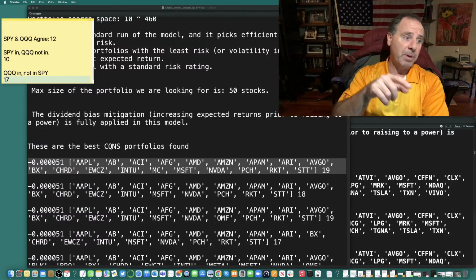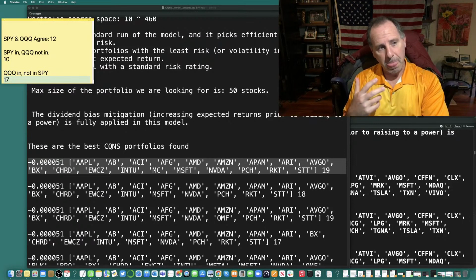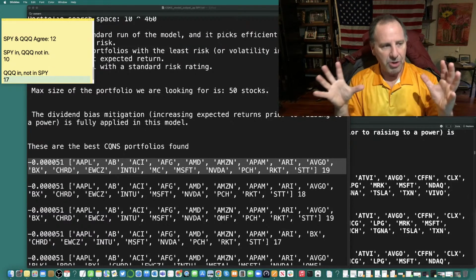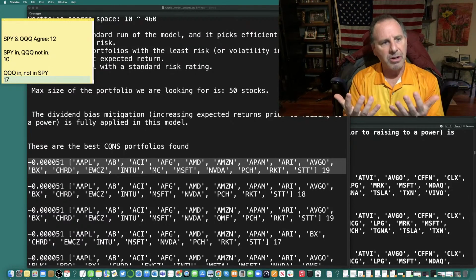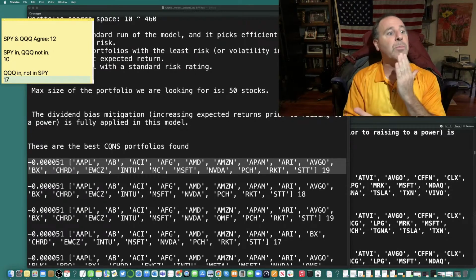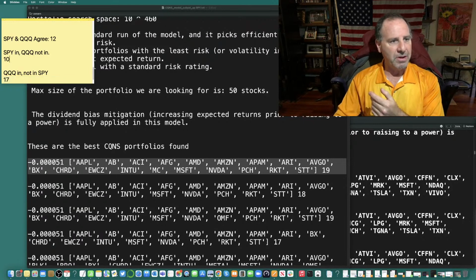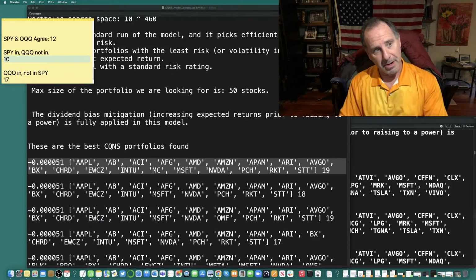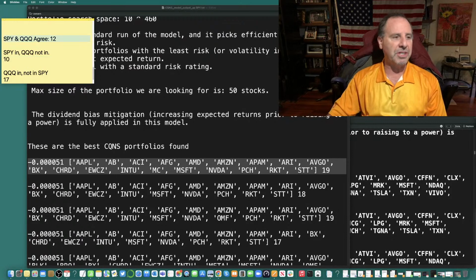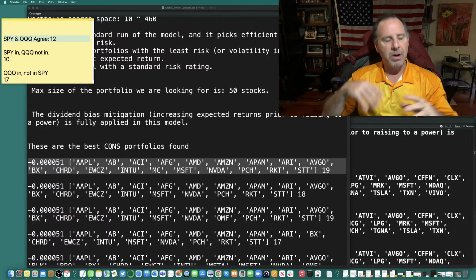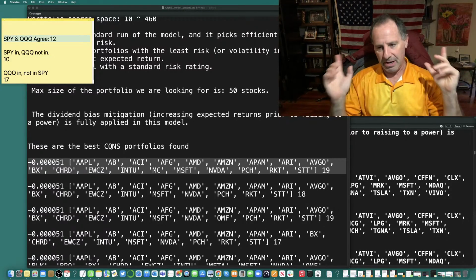QQQ has, but SPY doesn't, 17. So if you use the QQQ, which is a riskier return, you're adding 17 brand new stocks to the party. If you use the S&P 500, you're adding 10 stocks to the party, and they both agree on 12 stocks. So think of core portfolio and then 10 versus 17.